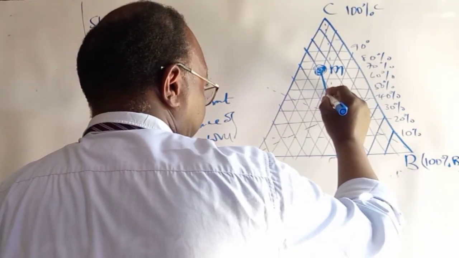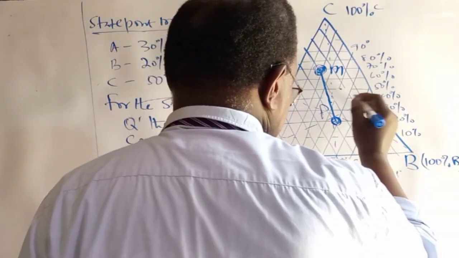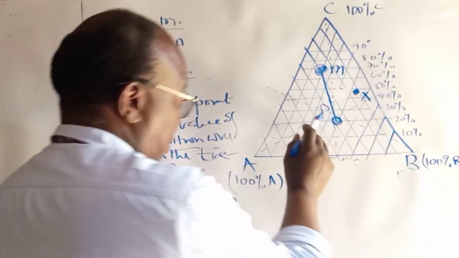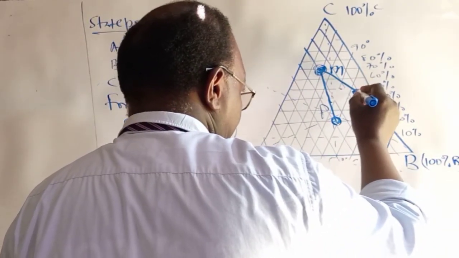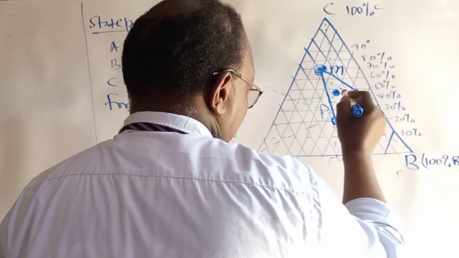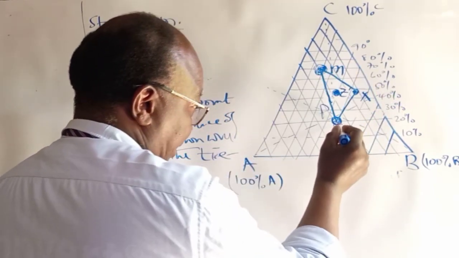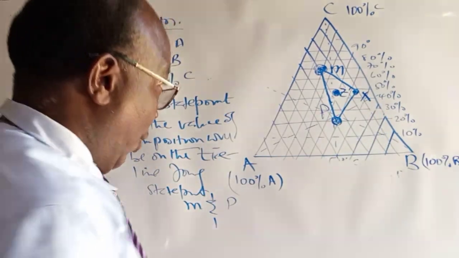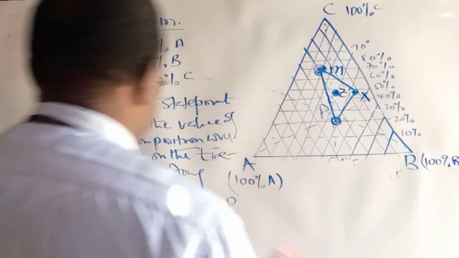If we have now 3 points, that's 3 state points, let us call that state point X. So we have state point M, P, and X. Then the composition of that mixture of M, P, and X will lie somewhere in this triangle here. Let's call it Z prime. So in that case, if you have a mixture having composition M, a mixture having composition P, and another having composition X, then the resultant mixture will have its composition within that triangle MPX.